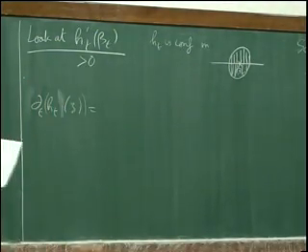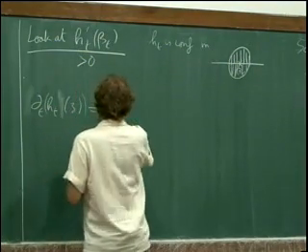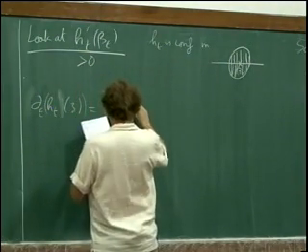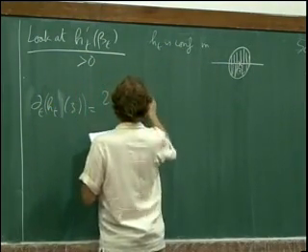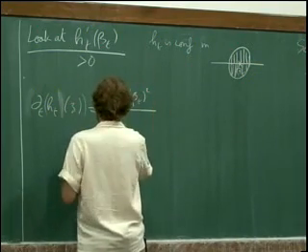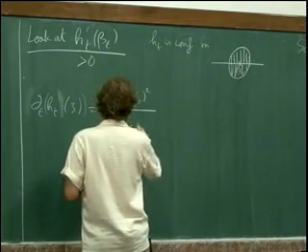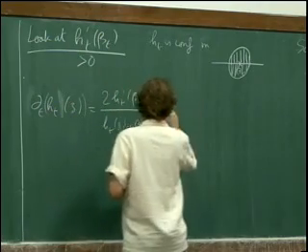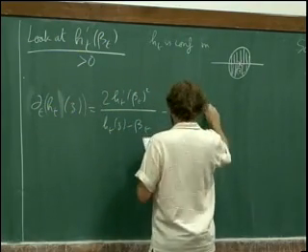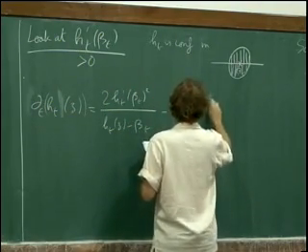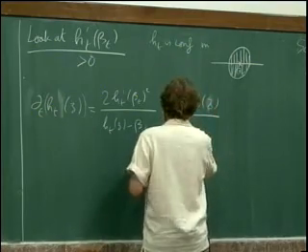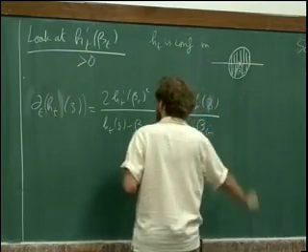What I wrote was that this was equal to 2 ht prime of beta t squared over ht of z minus beta t minus 2ht prime of beta t of z divided by z minus beta t.